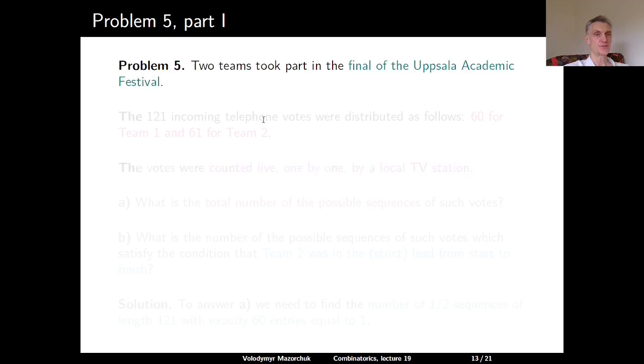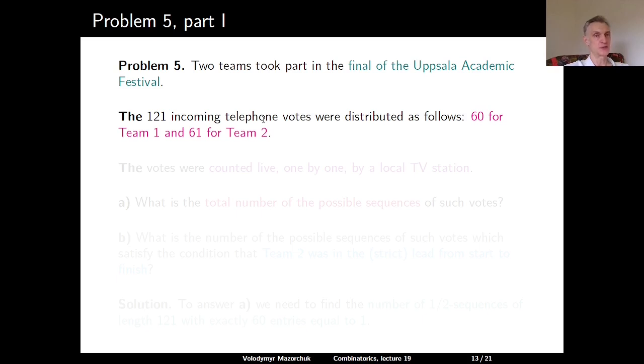Problem 5. Two teams took part in the final of the Uppsala Academic Festival. The 121 incoming telephone votes were distributed as follows. Team 1 got 60 votes and Team 2 got 61 votes. And these votes were counted live, one by one, by a local TV station.